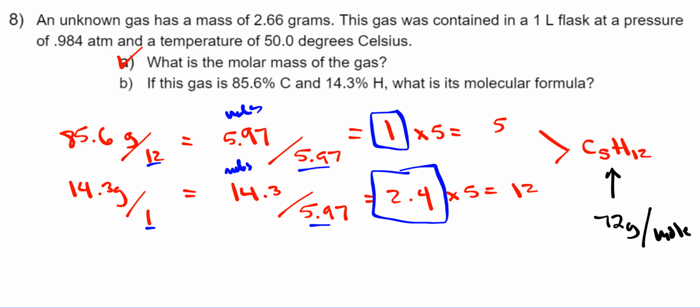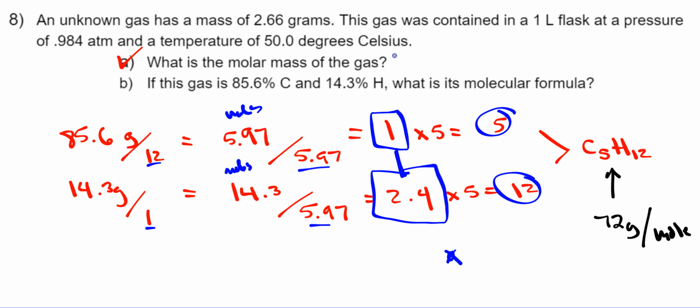To make a 0.4 become a whole number, we multiply by 5, because 4 times 5 is 20, which ends with a 0. So I multiply both of these answers by 5. 1 times 5 was 5, 2.4 times 5 was 12. Once I have that, the formula of this hydrocarbon is C5H12.